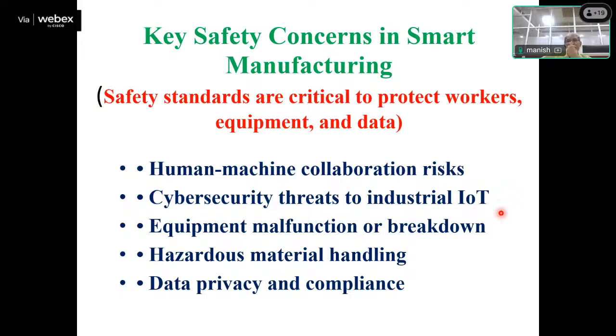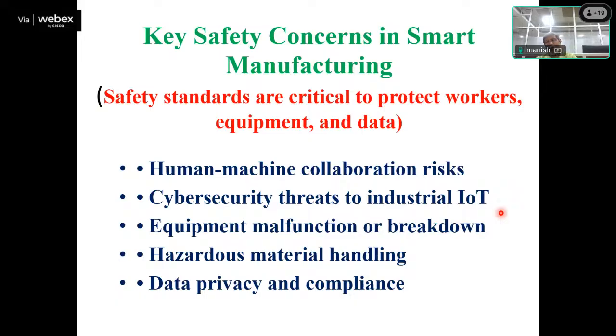Cyber security threats. I told you that the entire IIoT can be damaged, it can be made into scrap. So if that cyber security threat or that safety is not ensured, then equipment malfunction or breakdown occurs. Predictive maintenance is possible. But the point is, suppose accidentals are recognized by modern day technology, modern day physics.